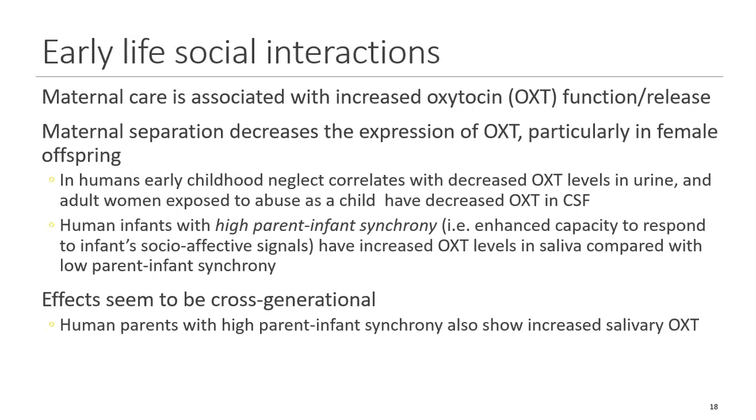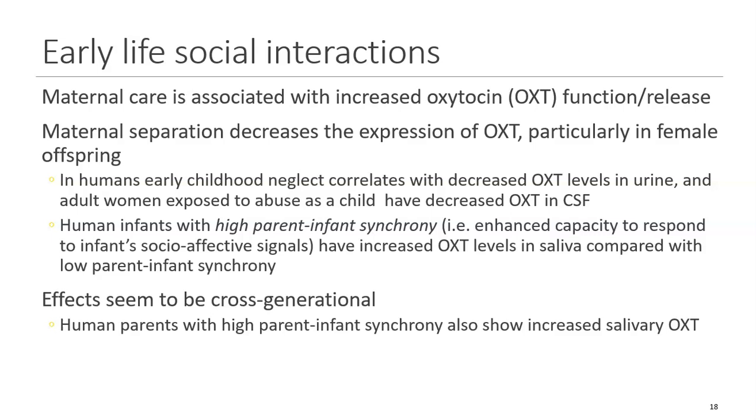So we should also talk about some early life interactions, and how that relates to this. So maternal care is associated with an increase of oxytocin function and release. And so we see this in rats, humans, and as well as in these voles. And then maternal separation will actually decrease the expression of oxytocin, particularly in female offspring.